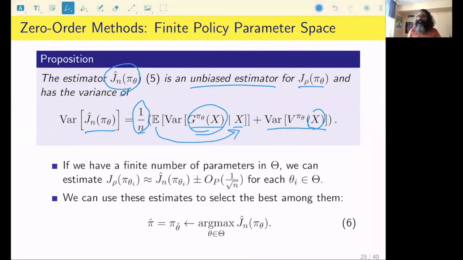Okay, so if we have a finite number of parameters in the policy space, or parameter space capital Theta, then we can do this calculation for each of them. And what we have is that the performance, j of rho of pi theta i, is going to be j hat of n of that pi theta, plus some term that behaves on the order of 1/square root of n.